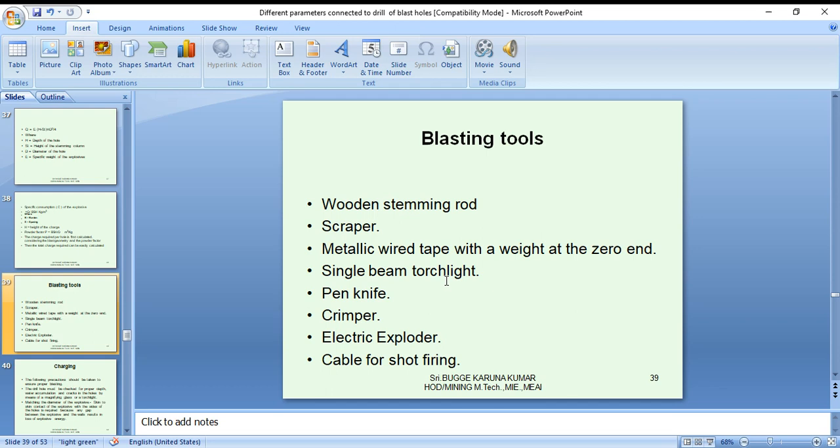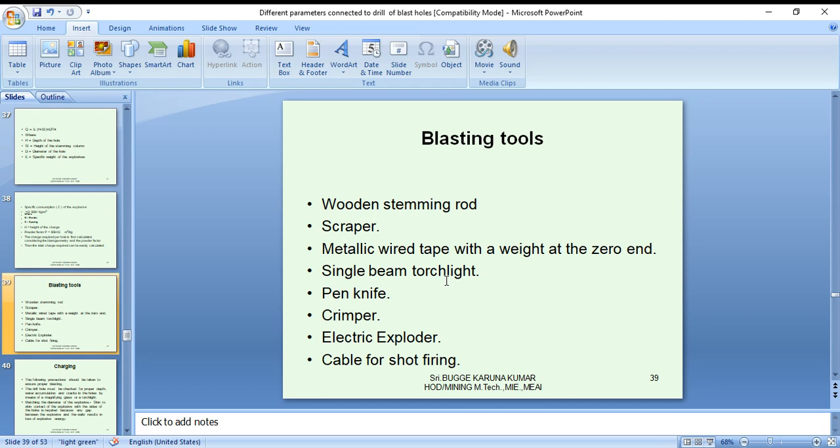So if good stemming is not there, we get the problem of fly rock and improper fragmentation. So the stemming tool is important for properly closing and hardening the hole. So wooden stemming rod is one important tool.